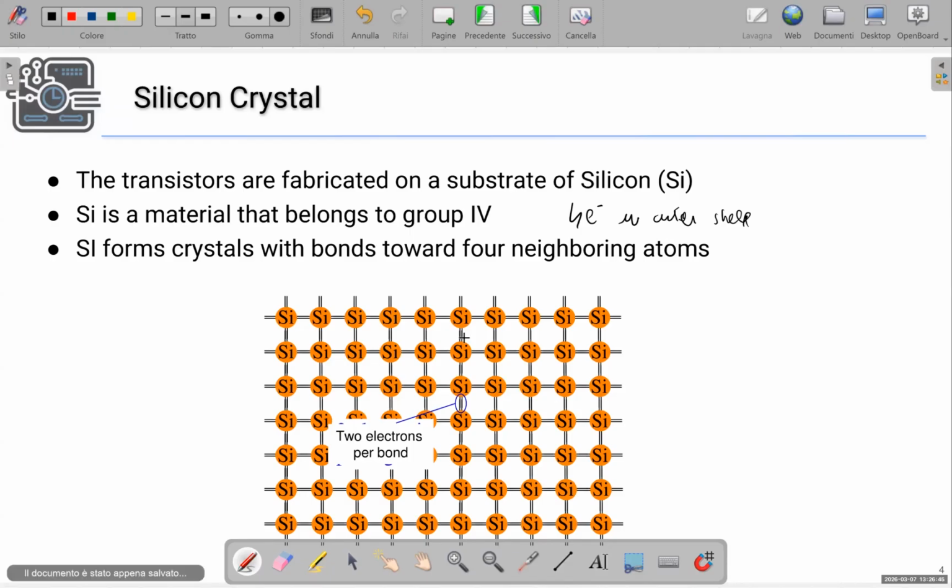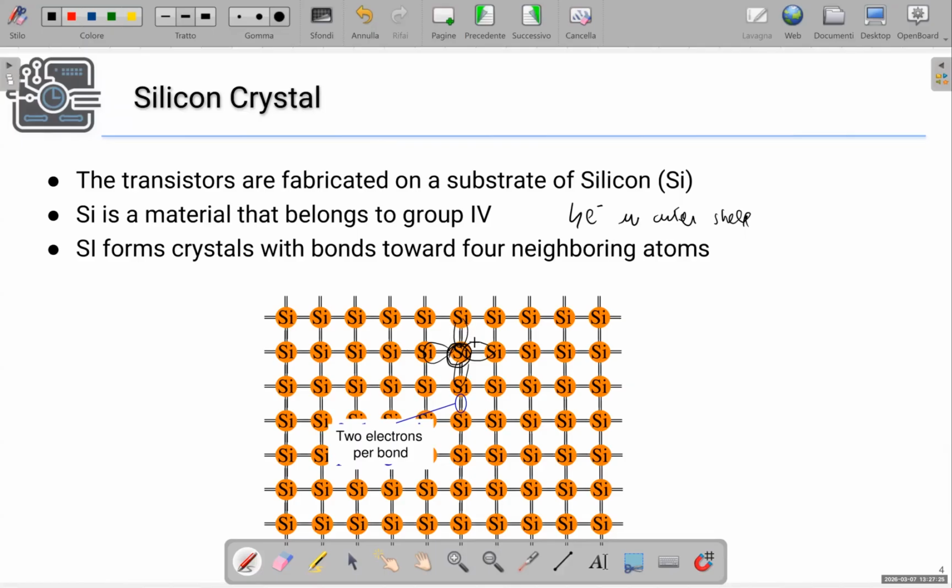In a silicon crystal, in a single silicon crystal, as the ones which are used for the fabrication of integrated circuits, each silicon atom is bonded with 4 silicon atoms nearby, and in each bond, one of the 4 electrons of the outer shell is shared with a neighbor atom.